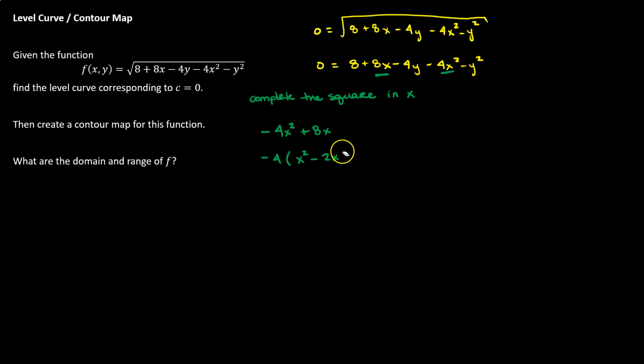And then I'm going to complete the square inside of the parentheses here, just to make things easier. Completing the square uses the b divided by 2 squared, added and subtracted. So we'll have 2 over 2 squared. So we are going to add 1 and we're going to subtract 1.